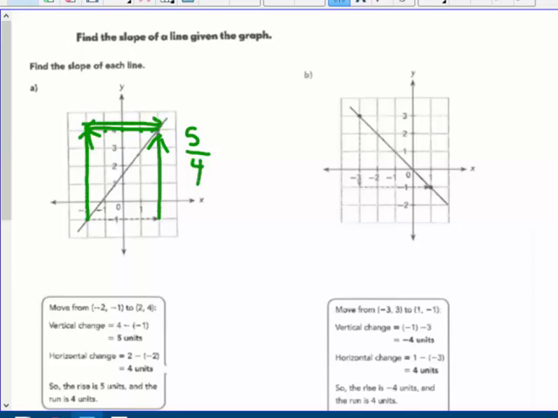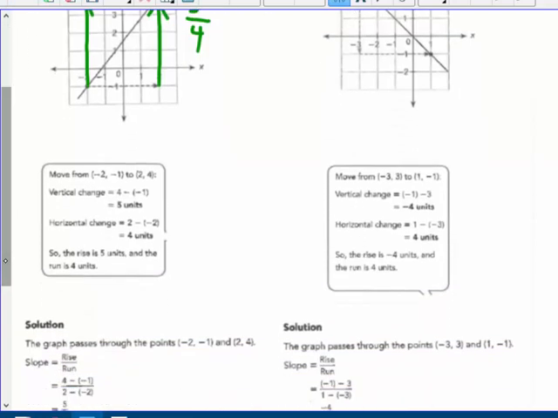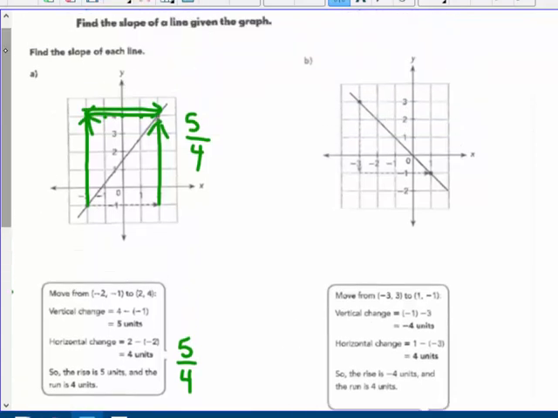This slope is rise over run, and you can see that they're calculating it right here. So the rise is 5 units and the run is 4 units. Up 5 and over 4. The slope is 5/4.